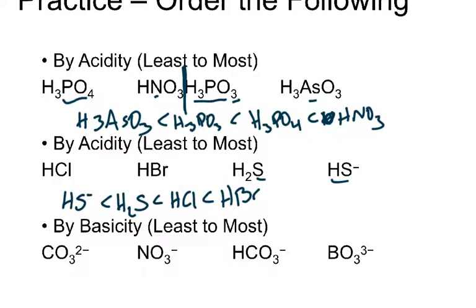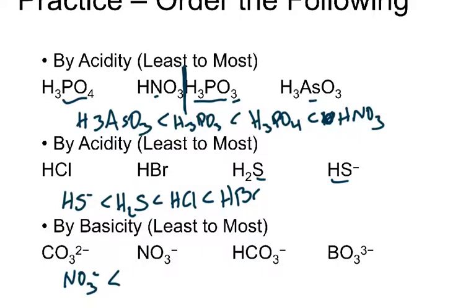Then by basicity, the stronger the acid, the weaker the conjugate base. So here we are comparing a bunch from the top row, and they are oxyacids, and so the strongest oxyacid is going to be the one farthest to the right, the nitrogen one. So the least basic is going to be the NO3 minus.